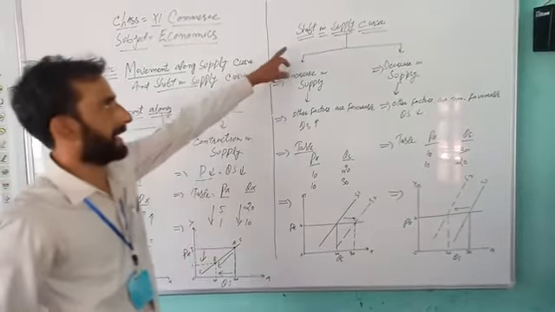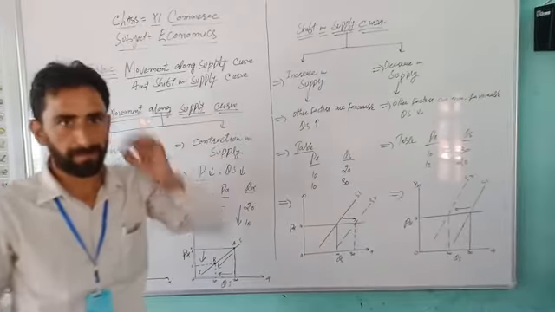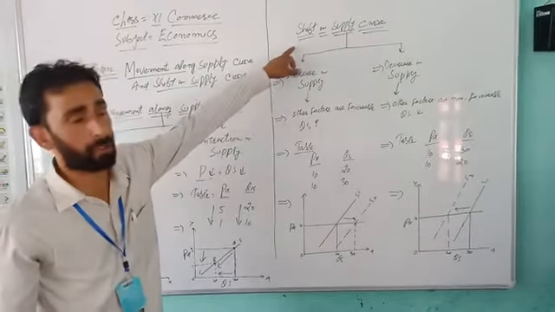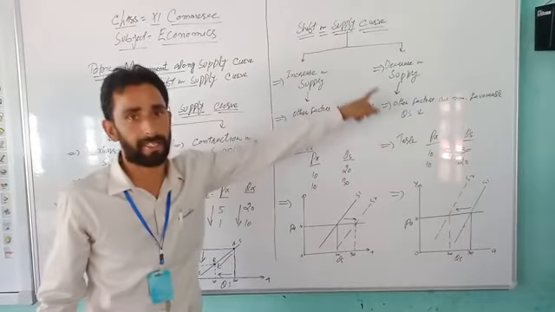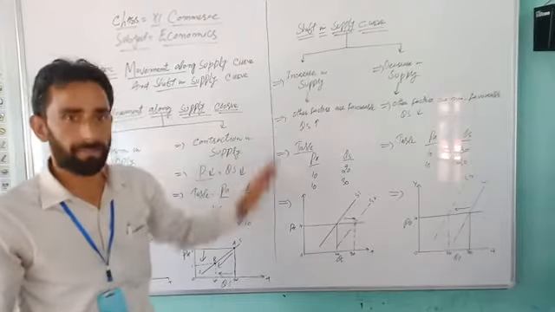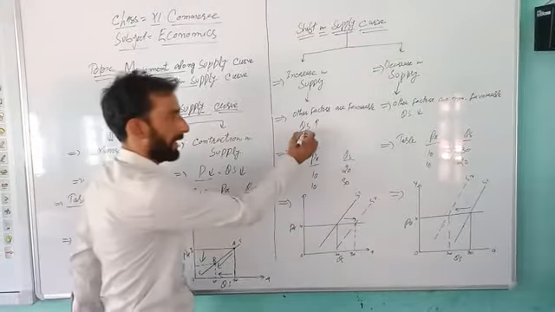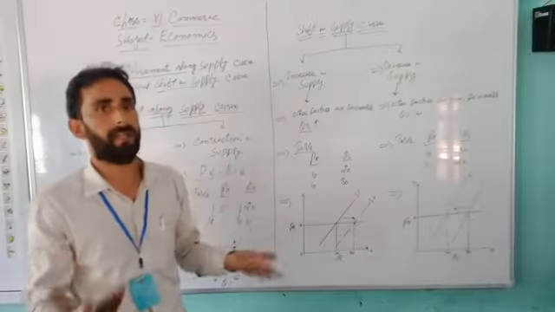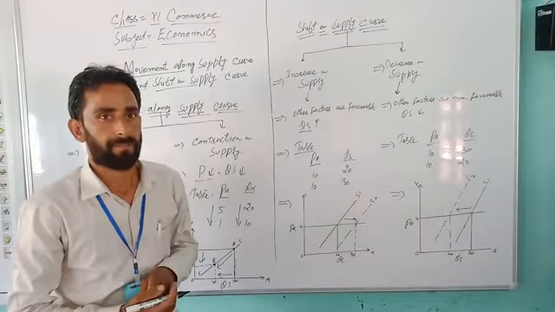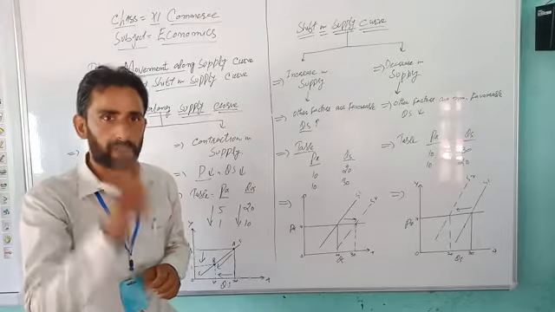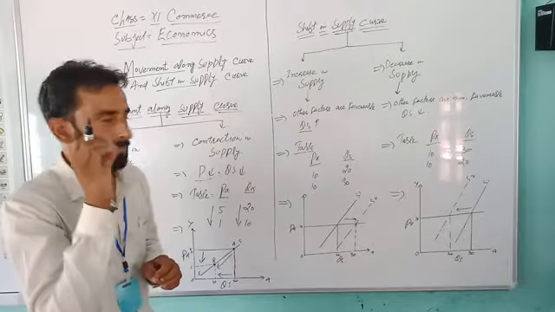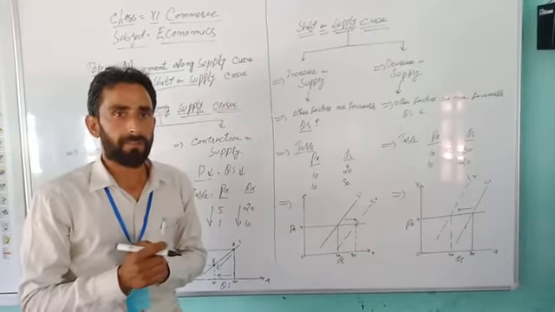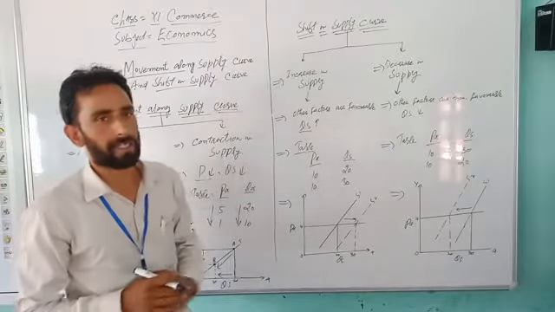Okay. Now I will come to the other part, that is what is meant by shift. Shift means there is a change of track, and there are also two components: increase in supply and decrease in supply. Increase in supply means that kind of situation when quantity supplied is increasing but price remains constant. Other things are responsible. For that topic, I will give you one suggestion, that you recall the determinants of supply or supply function.